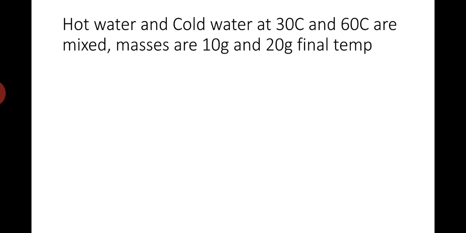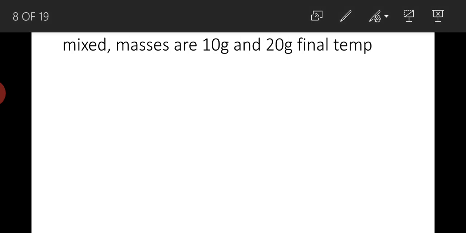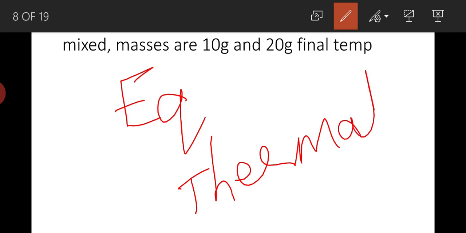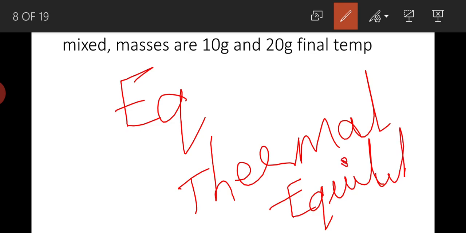Hot water and cold water are being mixed. It means when two substances at two different temperatures are brought into contact, then after some time they will reach an equilibrium temperature. This is called thermal equilibrium.